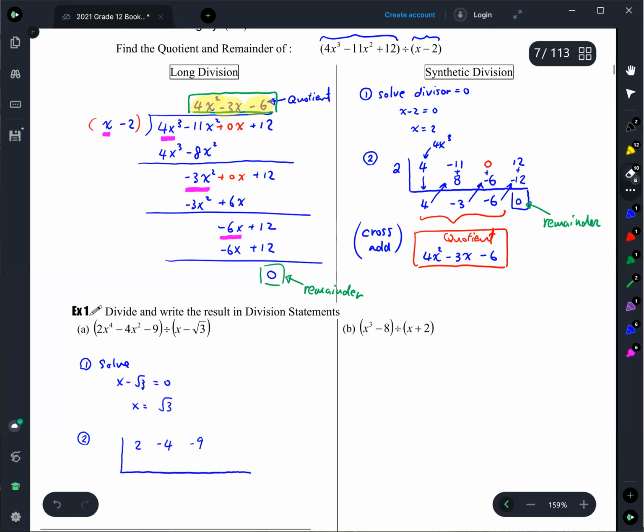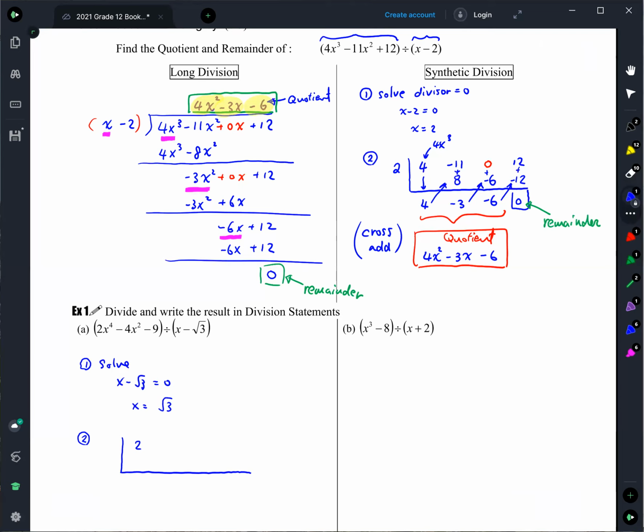Okay, anywhere else? Are we also skipping any other terms? Between the 2 and the -4. Yes. If you look at the dividend, you have x to the 4, but then you don't have x to the cube.